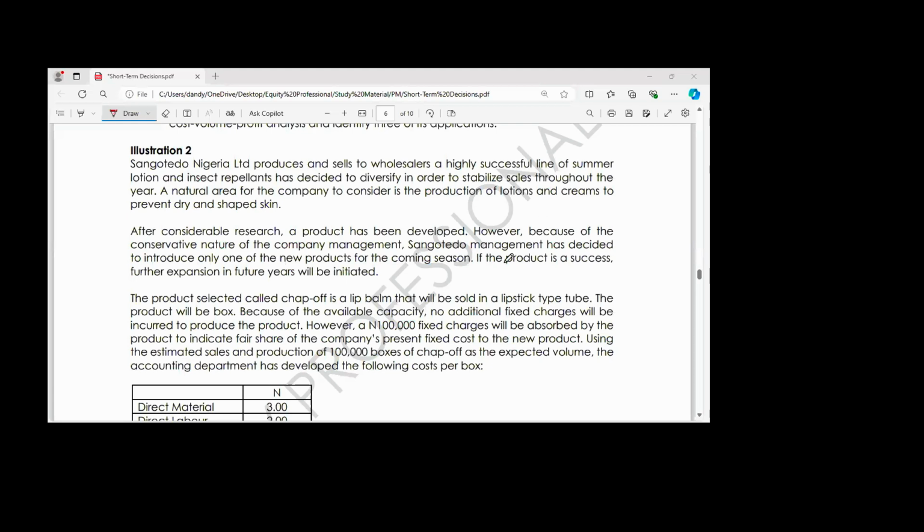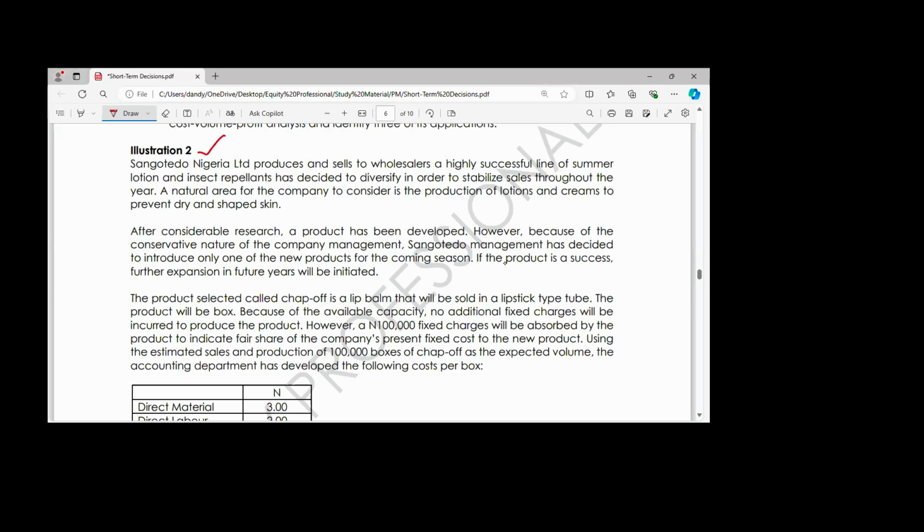Shangotedo Nigeria Limited produces and sells to wholesalers a highly successful line of summer lotion and insect repellents. It has decided to diversify in order to stabilize sales throughout the year. A natural area for the company to consider is the production of lotions and creams to prevent dry and chapped skin.